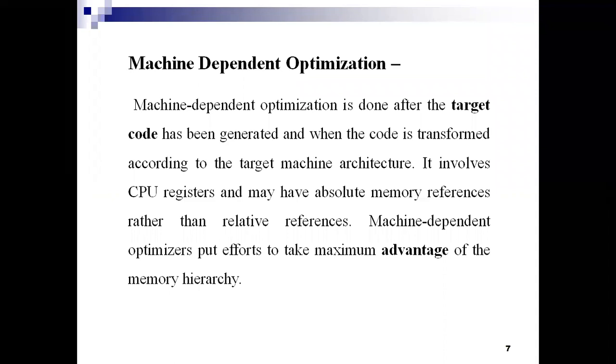Totally here we are talking about machine level language, like intermediate instructions, registers, addressing modes or instruction sets, all those about the machine level language, because it is a machine dependent optimization.